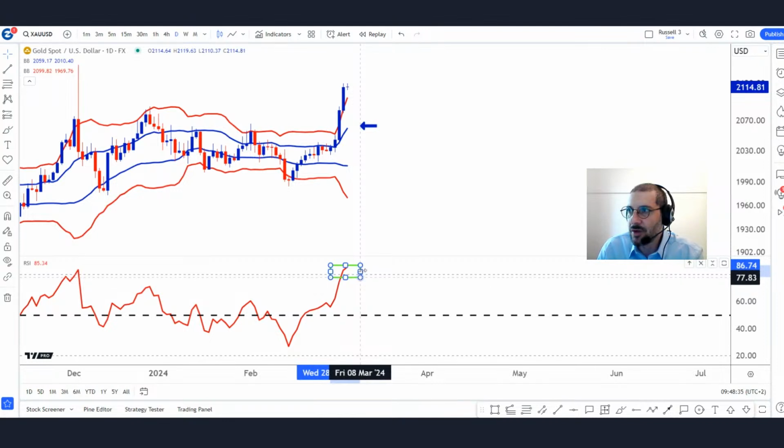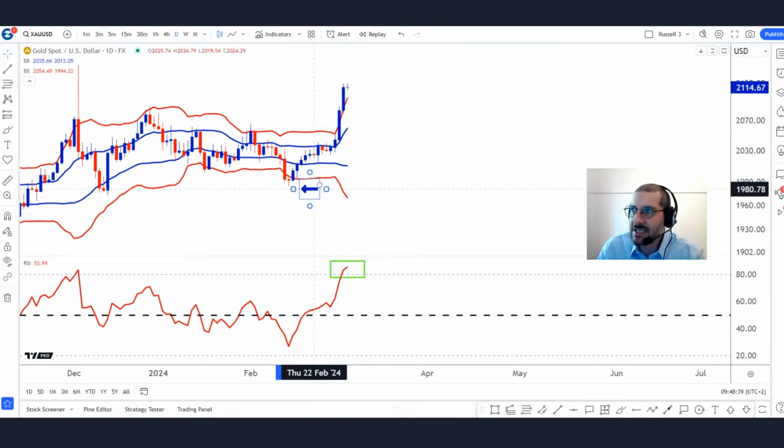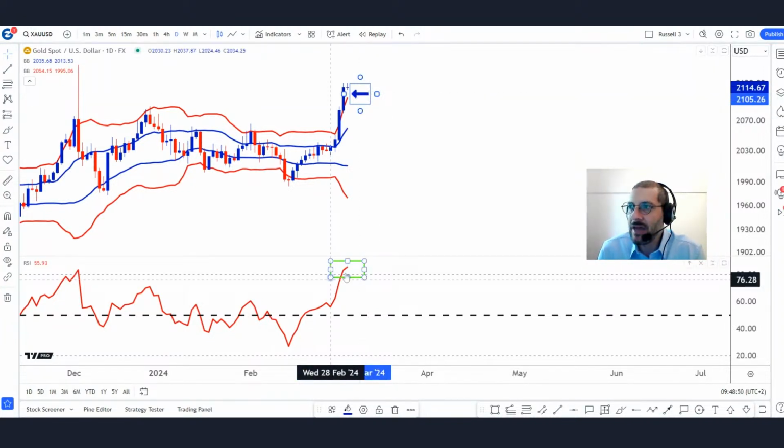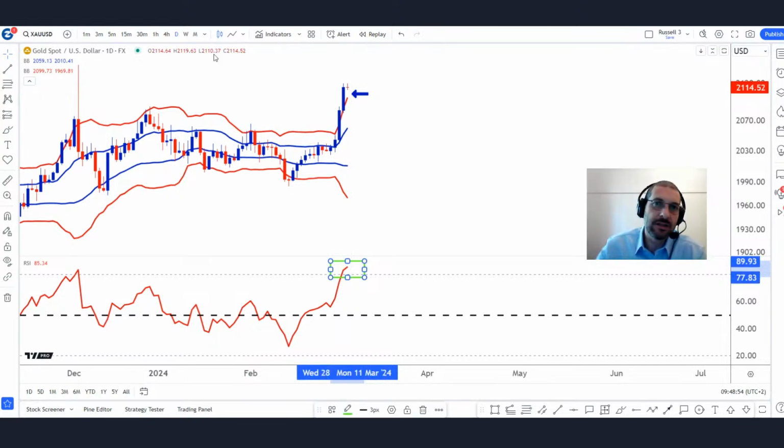So I think, given the fact that we've had such a strong swing in the precious metal, there may come a time where there is a pause or some profit taking, and the RSI normalizes. But given how good the weekly chart is, and how good the daily chart is looking, the pullbacks would be compelling.